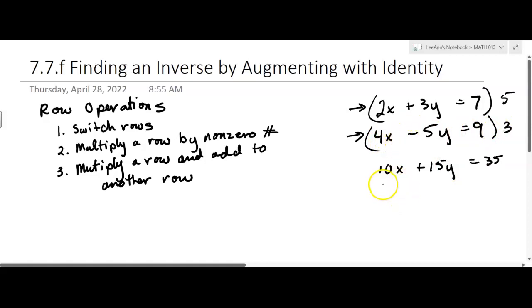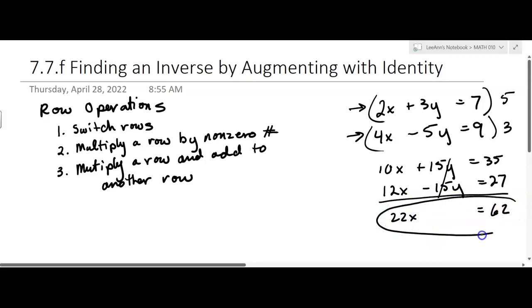Okay, so you can do that. 12x minus 15y, this is how we normally would write it, equals 27, but when we add them, the y's drop out, you get 22x equals 62. Okay, so this is like a new row plus 0, right? You have a 0 in there. So that's the tricky one.